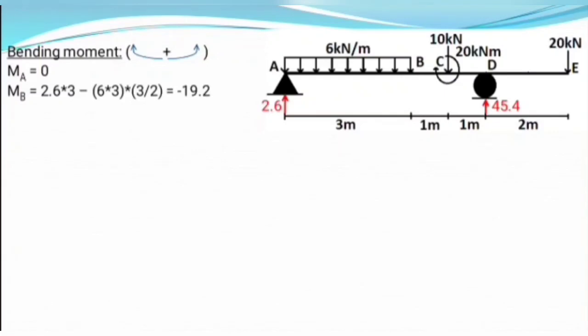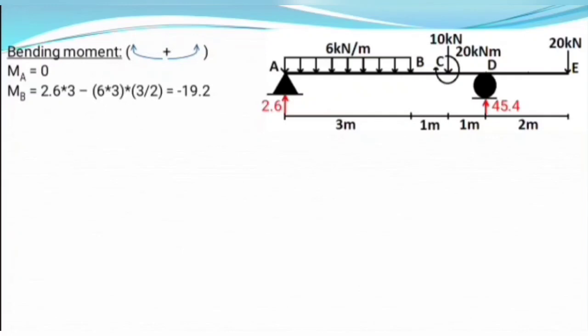Just like in the case of shear force, considering forces on the left of B, we have the 2.6 kN force and the UDL of intensity 6 kN per meter. Our sign convention is that forces which cause clockwise moment are taken as positive and those which cause anti-clockwise moment are taken as negative.